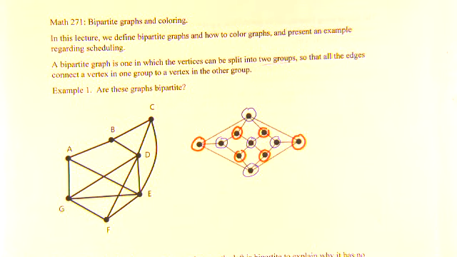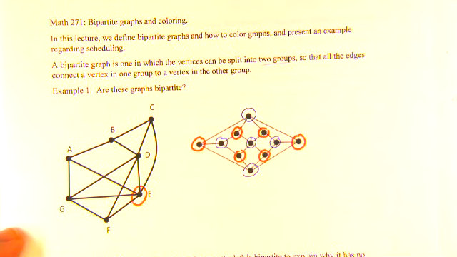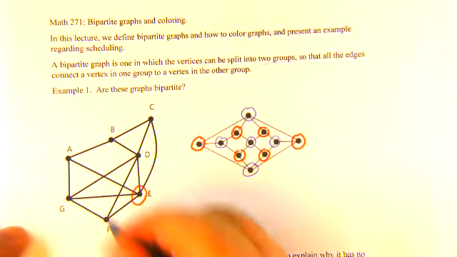What about this one? Well, same procedure, right? And this is, again, how to deal with graphs: start at one point and work your way out and hope you don't run into any contradictions. So if we start with E, suppose we make this red, then I'll have to make everything that E is connected to blue.